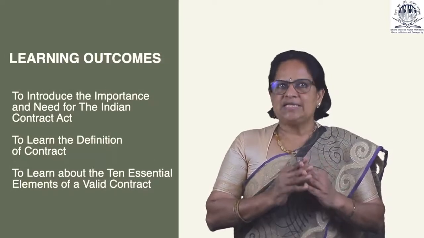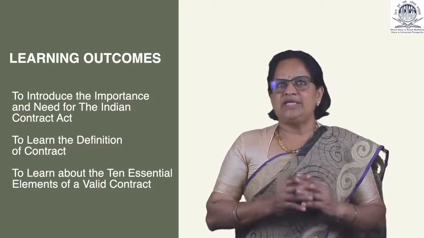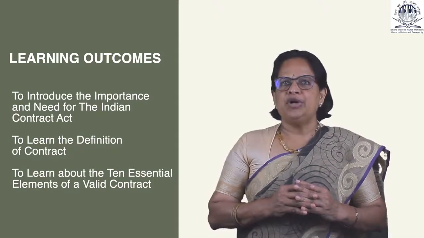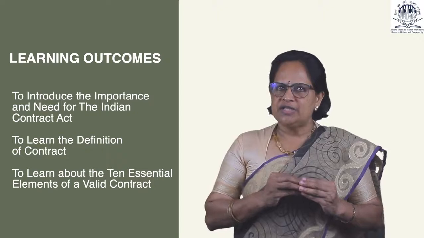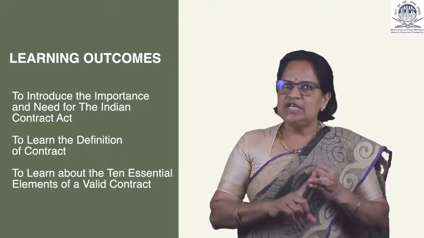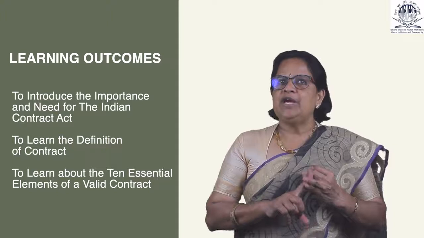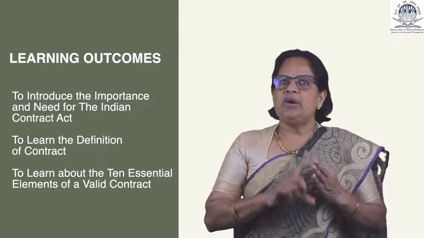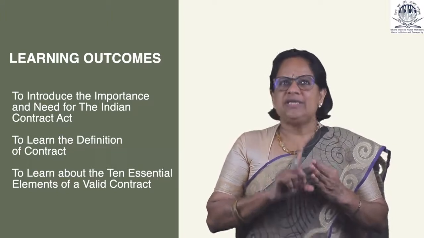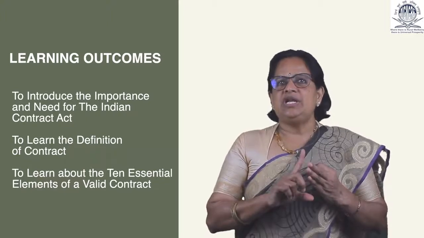At the end of this lesson, you will be able to understand the need and importance of the Indian Contract Act, get insights into the definition of contract, and also to learn about an important aspect, that is the 10 essential elements of a valid contract.